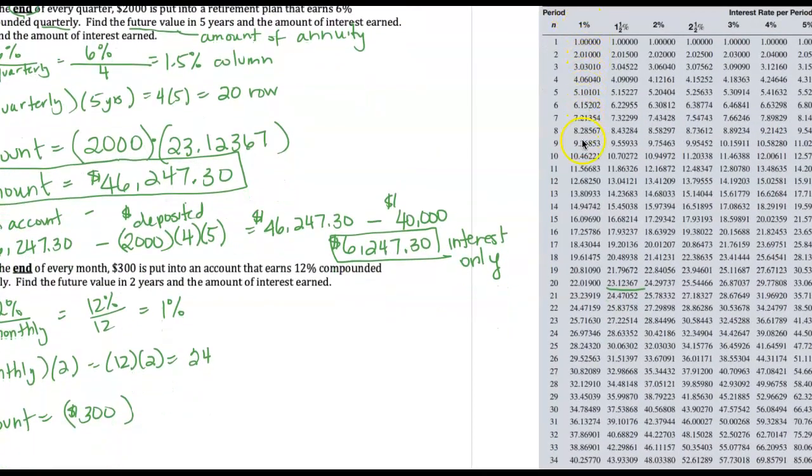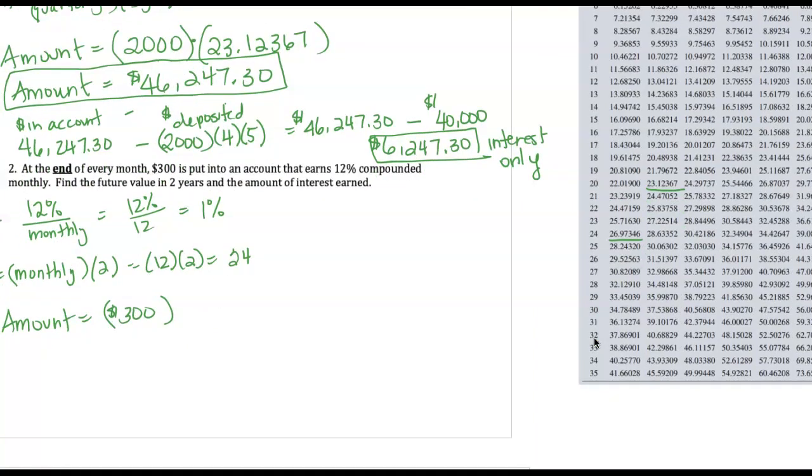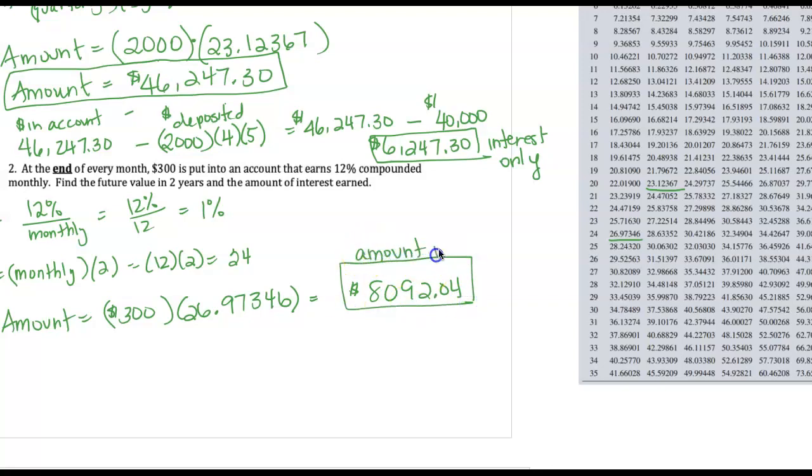So down the 1% column to the 24th row, and we're going to take that decimal back to our calculation. 26.97346. And when we multiply, I get $8,092.04. And again, this is the amount in the account.